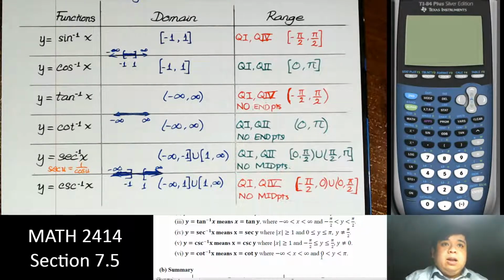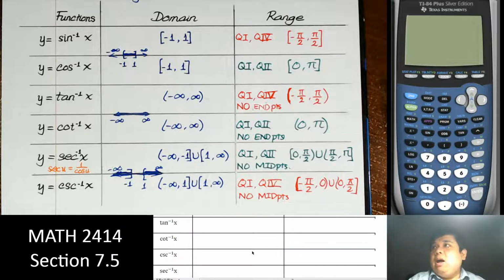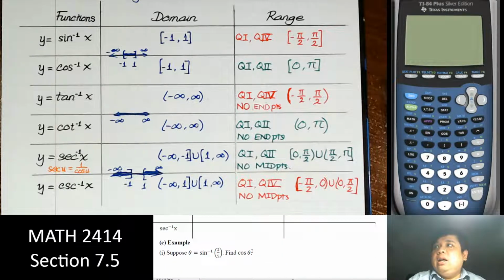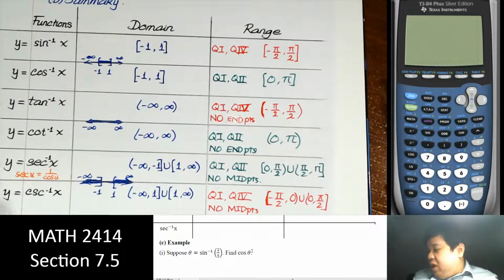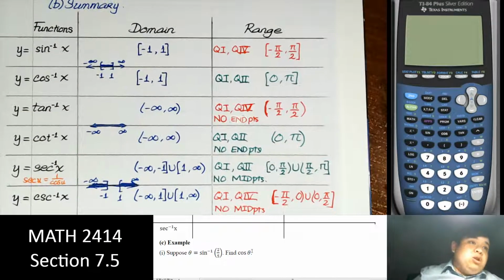Right. So that's just the domain and range summary. That's nice and all, but it will not be as important as what we did, which is derivative and integral.